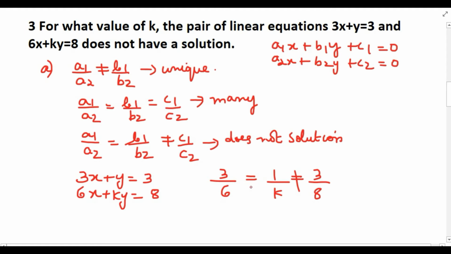So k is equal to 1 by 2 when you simplify, so k equal to 2. So when k equal to 2, this pair of linear equations does not have a solution.